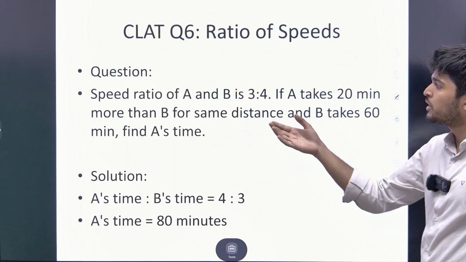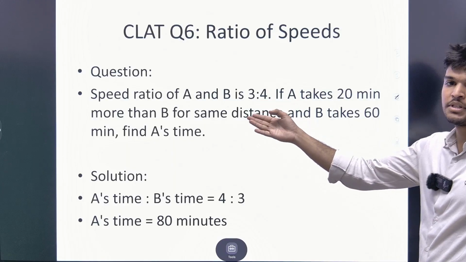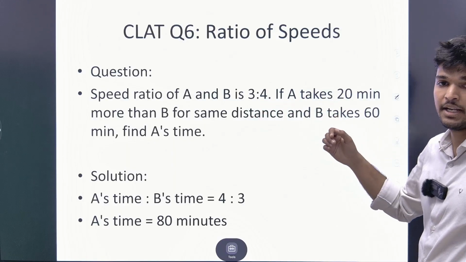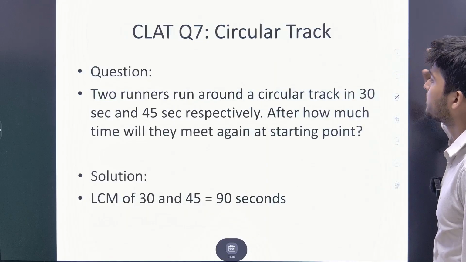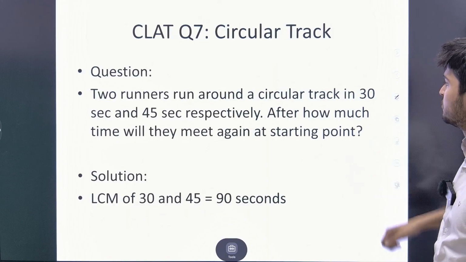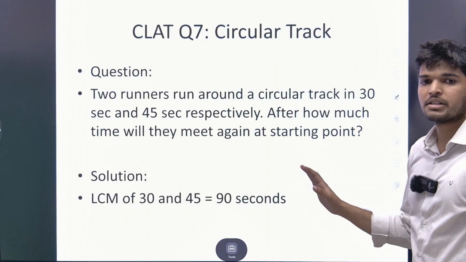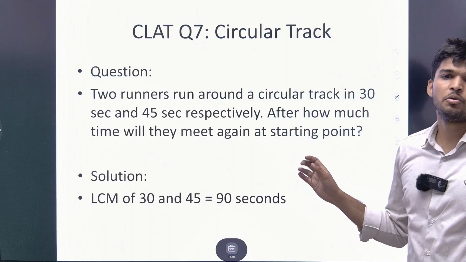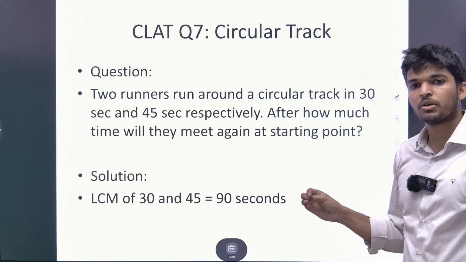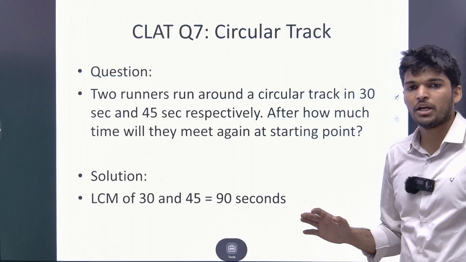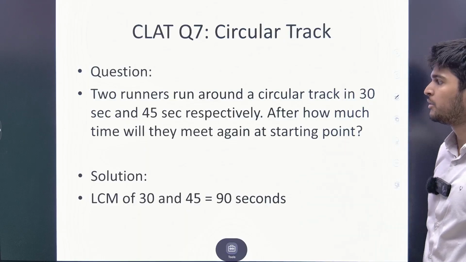So 3 into 20 would be 60 and 4 into 20 would be 80. This is a type of question which I have given to let you know about a concept and also to get a formula of the same concept.